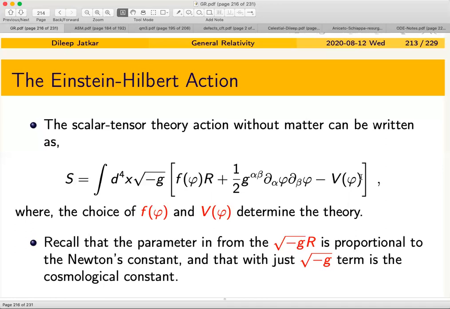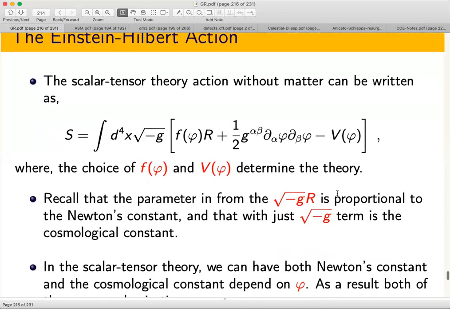So this is nothing new, because we have already seen this kind of stuff in various other systems. So if the cosmological constant is just a term of this kind, it would have a little better stature than just adding a root g times lambda term.